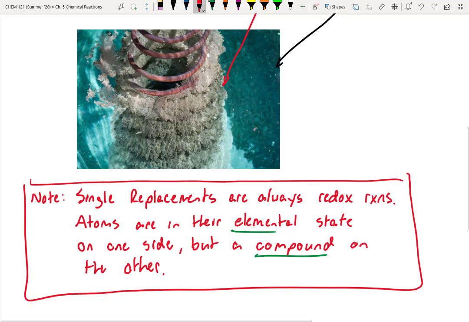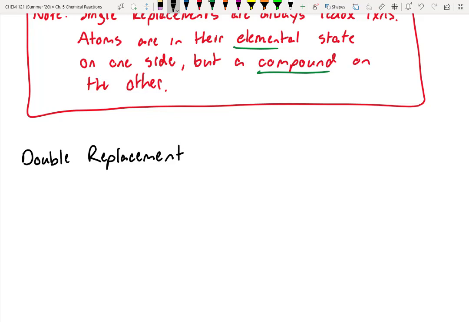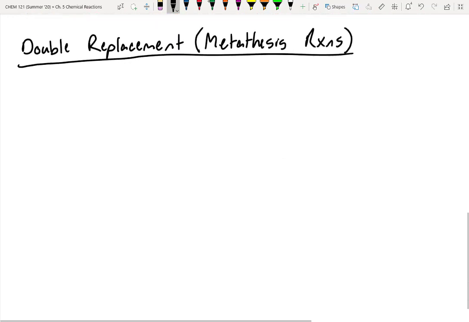All right, let's take a look at double replacements. That's our next one. Double replacement reactions go by another common name: these are also known as metathesis reactions. Rather than acting like a baton being handed off, I almost think of this like swing dancing.